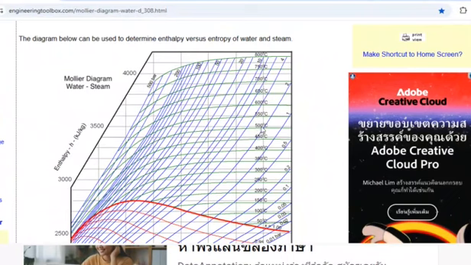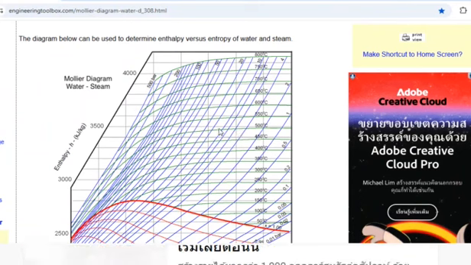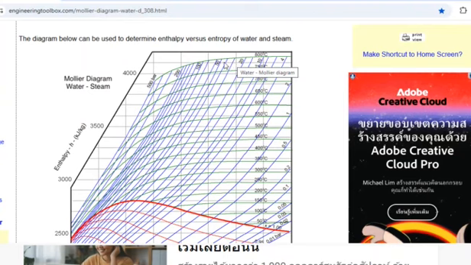You can go find it here, and this one gives you in bar, so you can go to 500 degrees Celsius, and this is 30, 40, 50.